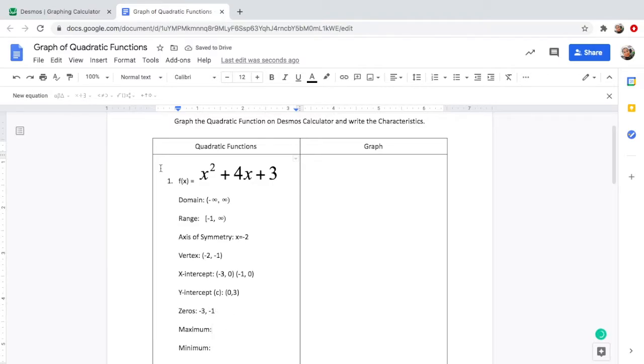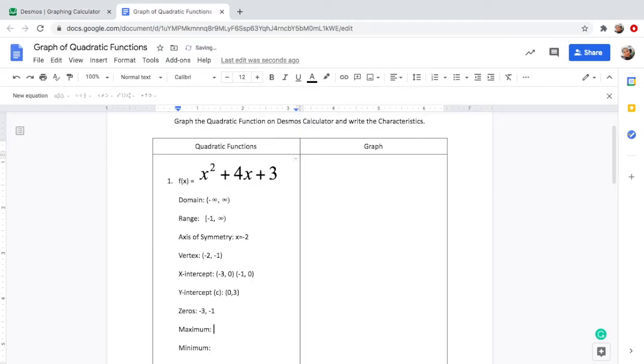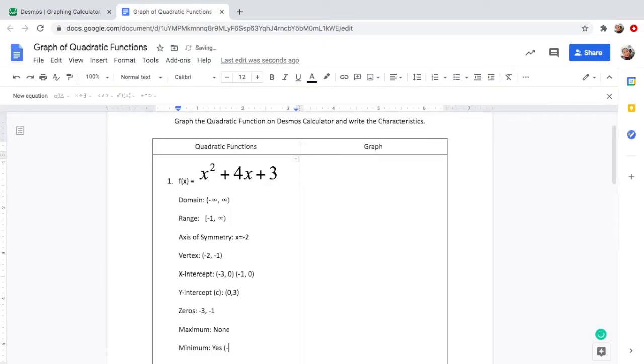How about the maximum? Does the graph have a maximum value? Since the graph opens upward, therefore, there is no maximum value. Just put none. Of course, it has a minimum value, yes, but where? How will you find the minimum value? The minimum value can be found at the vertex. As you can see, the vertex is -2 and -1.